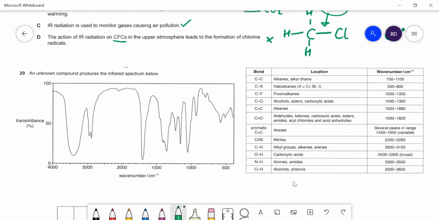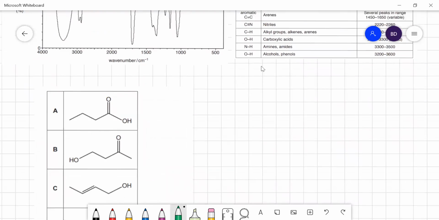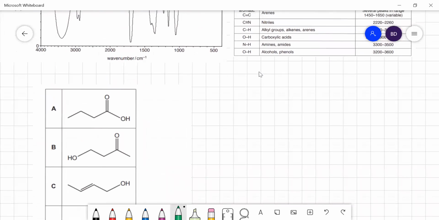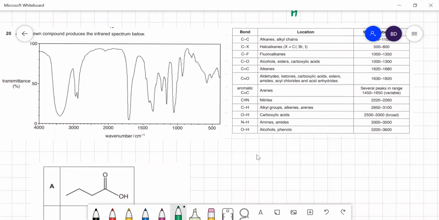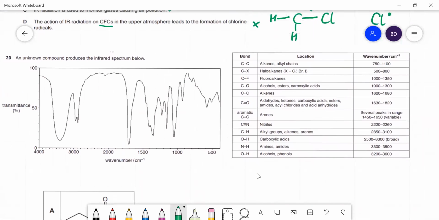Right, number 20. An unknown compound produces the infrared spectrum, and they give us some alternatives there. Okay, so we can see we've got carbonyl groups, alcohol groups, and carbon-carbon double bonds in some of those. Now let's have a look at what we've got. This deep, semi-broad peak at about 1700 is very, very characteristic of a carbonyl.